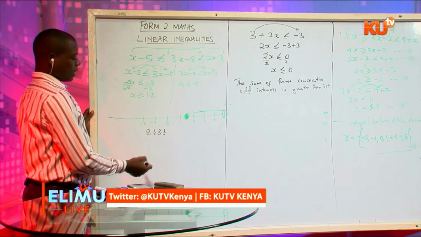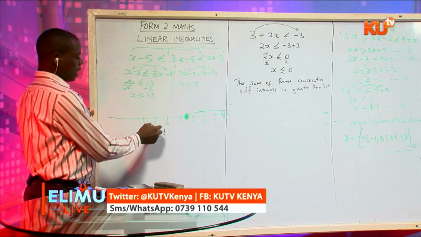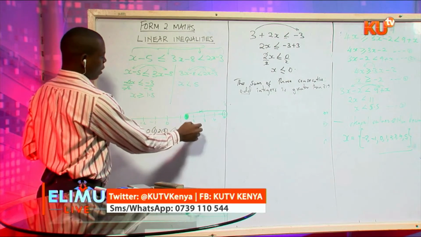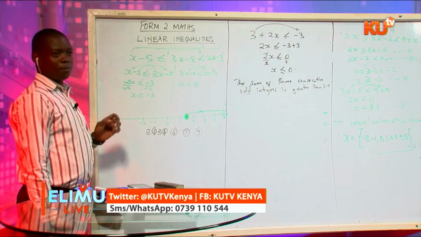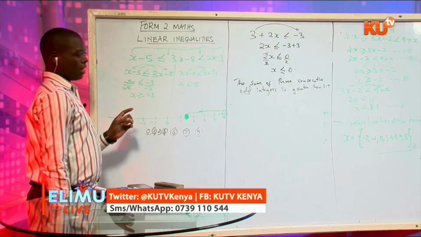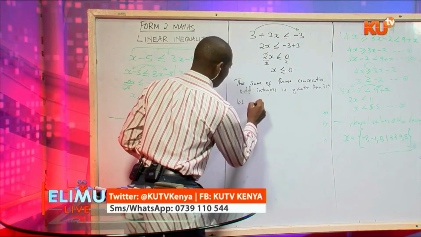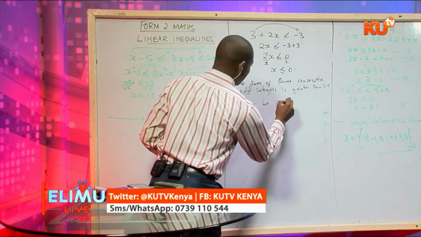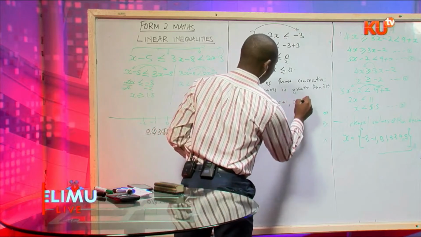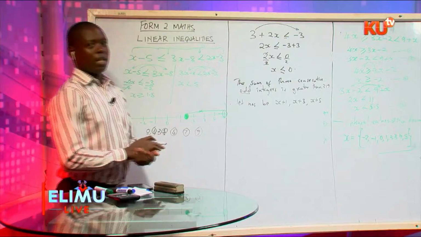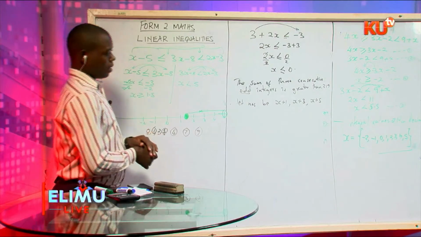And so you'll find odd numbers are numbers whose last digit is either 1, 3, 5, 7, or 9. So we'll let the numbers be x + 1, x + 3, and x + 5. Those are the 3 odd integers.